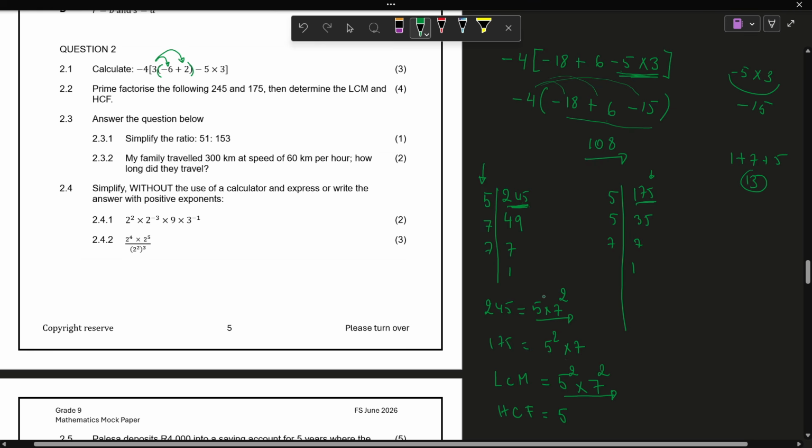If the exponent is not written, it means it's 1. And then the next one, we've got 7 here with exponent 2, 7 here with exponent 1. We take the lowest, so it's going to be 7. So there it is. We found our lowest common multiple and our highest common factor.